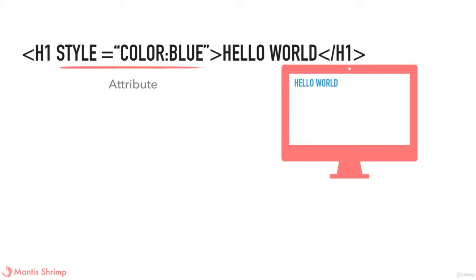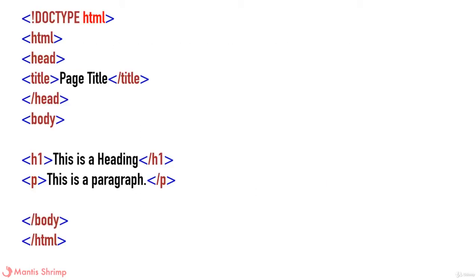So I've just brought up here a boilerplate of an HTML document, which is quite useful for you to see at this stage. We are going to start typing this out and getting some good practice in building these documents.